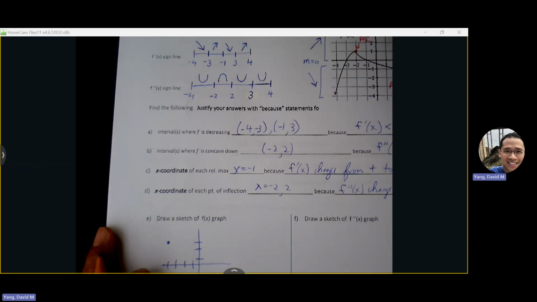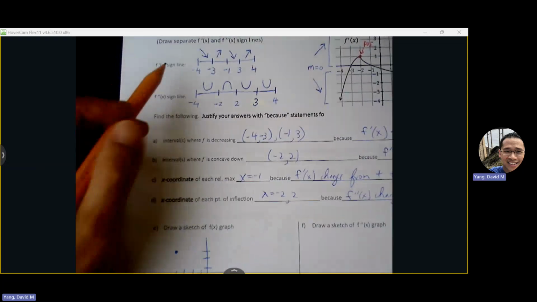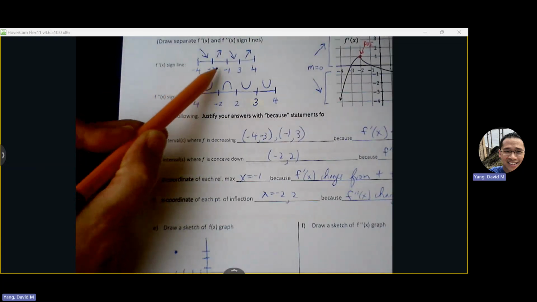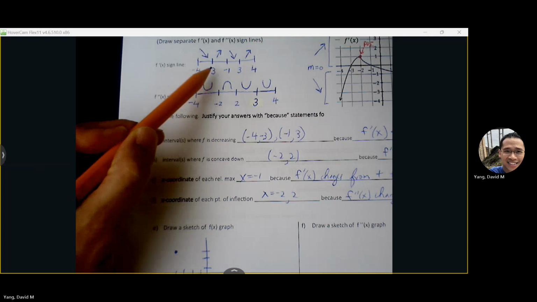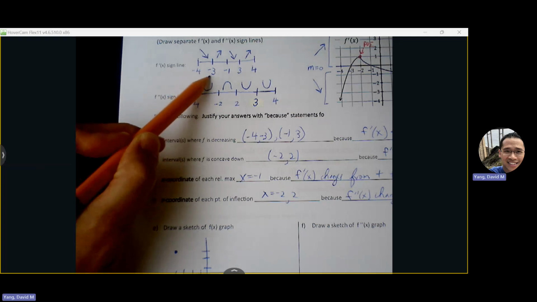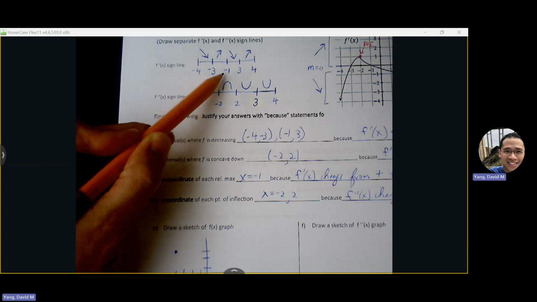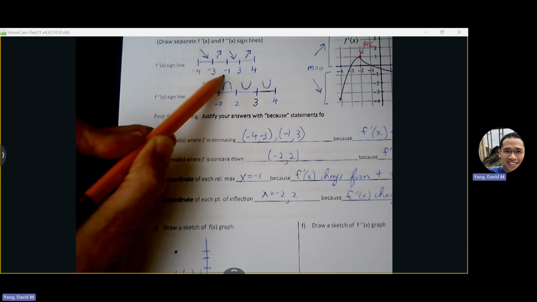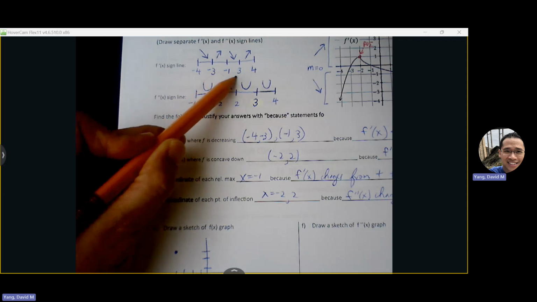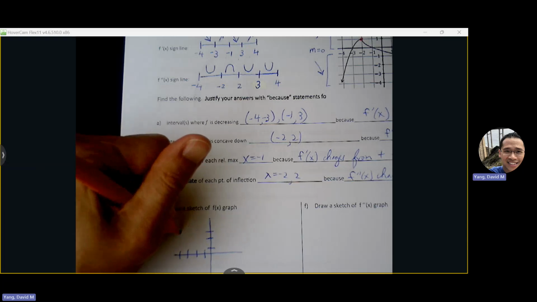But I just want to get the shape going based off of what I see here. So what do you expect at -3? Somewhat of a relative minimum. And then the graph is going to rise to some relative max. It's going to fall to some relative minimum at 3, and it's going to rise again.